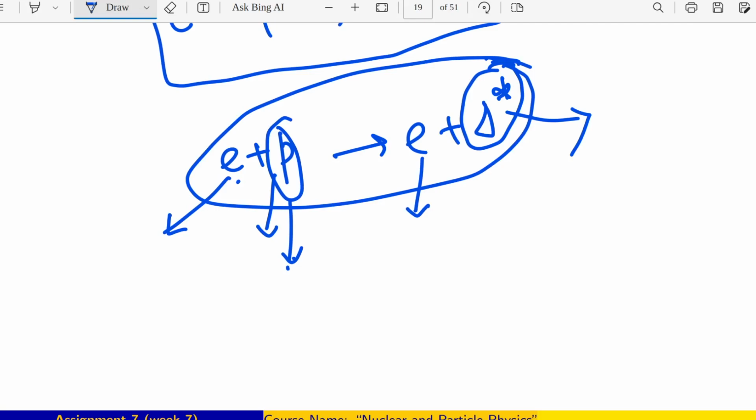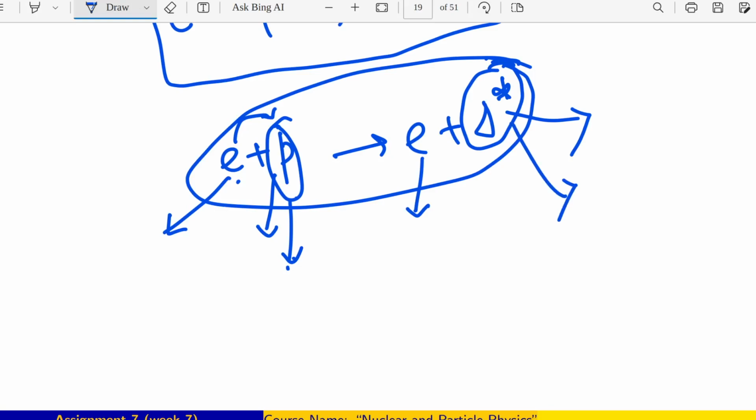Let's say it is taking the angular momentum from the electron, and inside the proton there may be some energy state difference or some excitation of the energy states, so that it will become delta star.